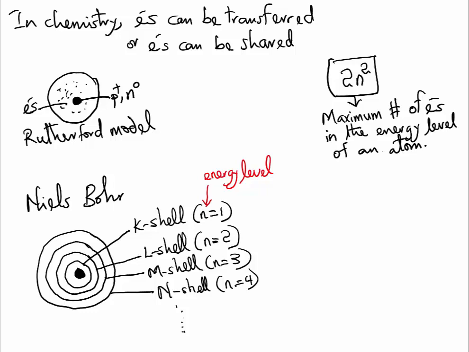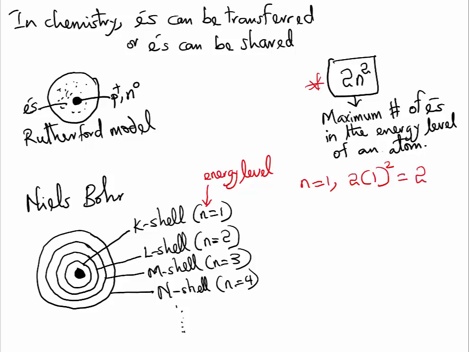Let us quickly calculate how many electrons we can find in each energy level. Let us begin with energy level number 1. If n is equal to 1, if you plug 1 into this equation, then you are going to get 2 times 1 squared. 1 squared is equal to 1, times 2 gives you 2.